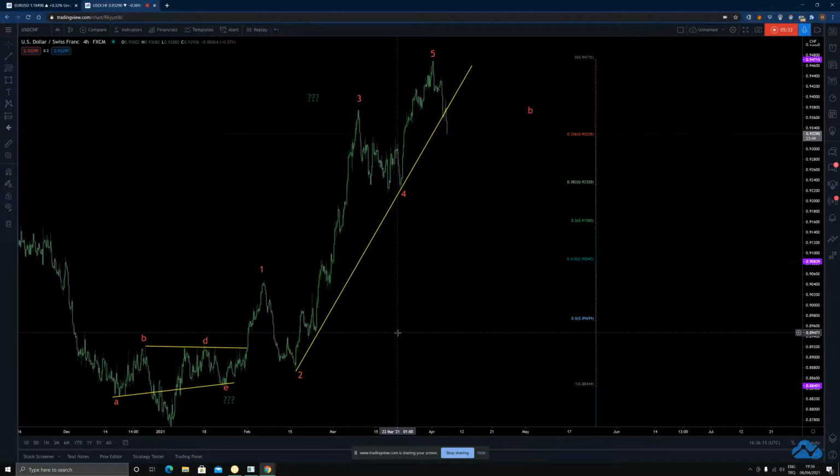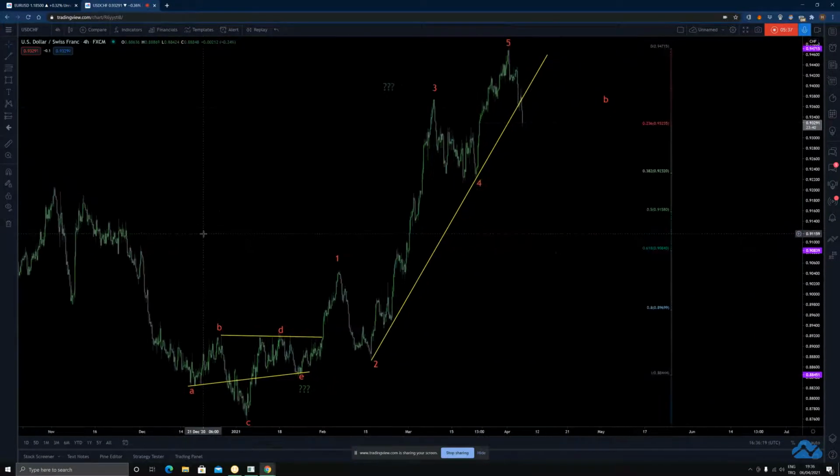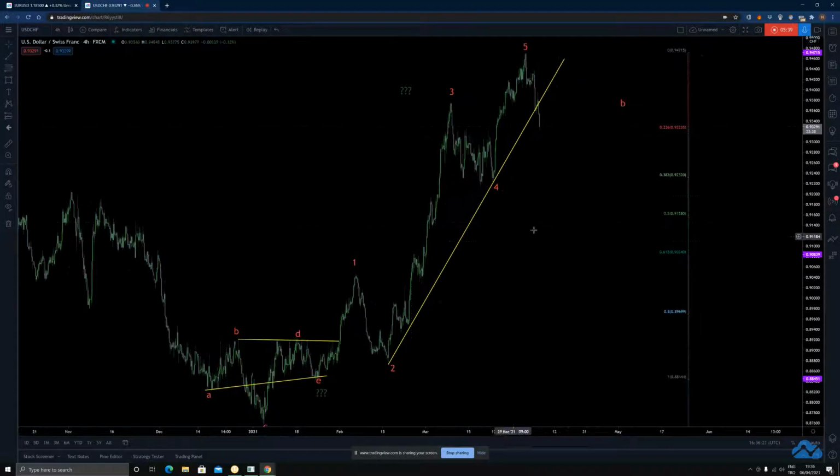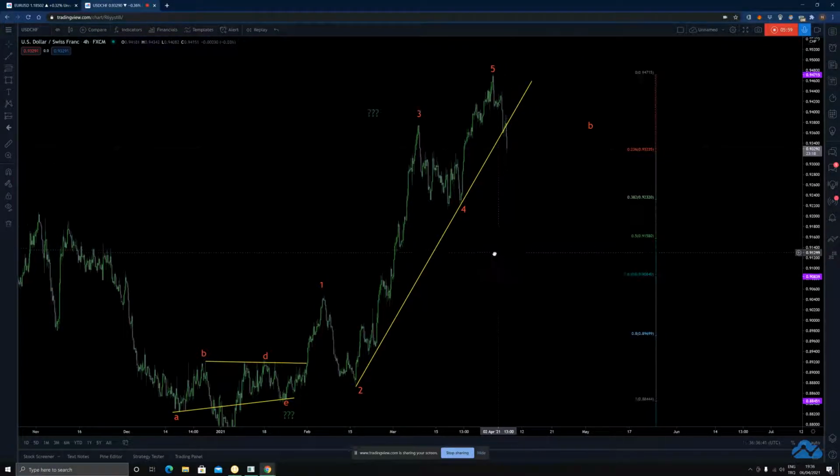So now here's what you guys should know. Because we don't know what happened on the left side of the chart, we cannot predict what the outcomes are without knowing what happened on the left side. Okay, so because we don't know it, we can just think about these options that we have.